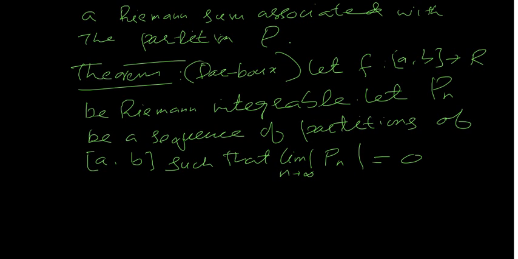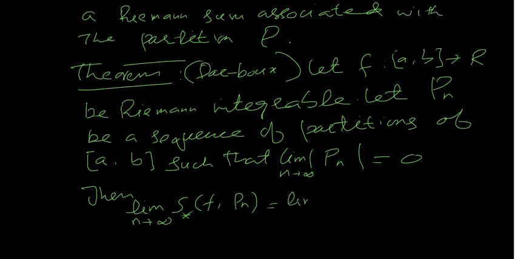Then the conclusion is that the limit as n approaches infinity of the lower sum L(f, Pn) is the same as the limit as n approaches infinity of the upper sum U(f, Pn), and it is equal to the Riemann integral, the integral from a to b of f(x) dx.